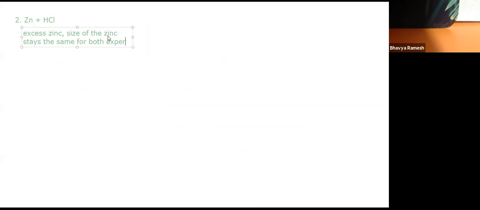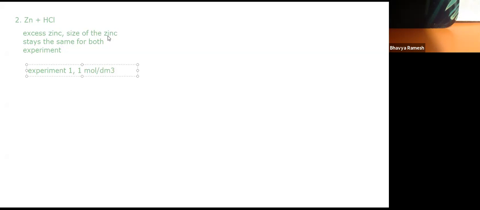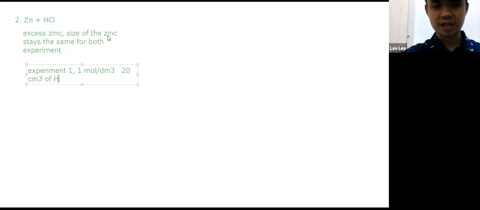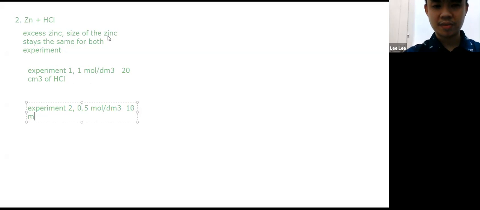So experiment 1, I use 1 mole per dm cube, and I take 20 centimeter cube of HCl. Experiment 2, I change the concentration to 0.5 mole per dm cube, and the volume that I use is only 10 centimeter cube of HCl.